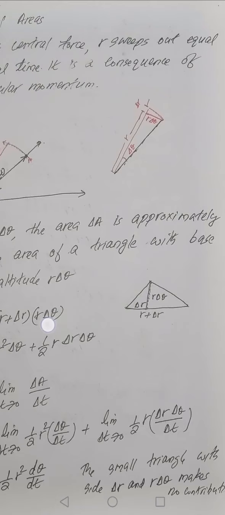So I can think of this as a triangle with base r plus delta r and altitude r delta theta.